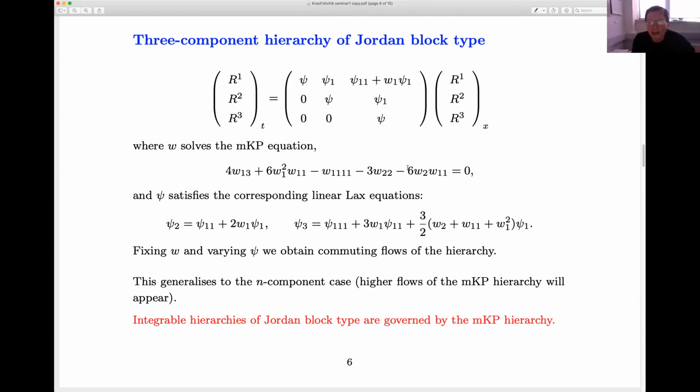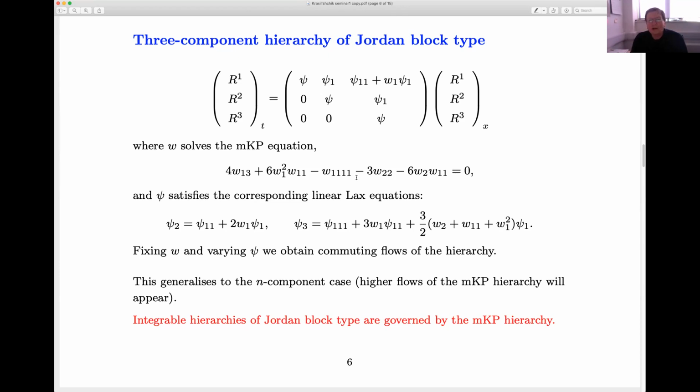First of all, how to obtain commuting systems of Toeplitz type. You take this MKP equation, right? And you fix any solution W. Then this equation has the Lax pair, a linear system in terms of the psi function. So the first Lax equation and the second Lax equation. This is the Lax pair for MKP.